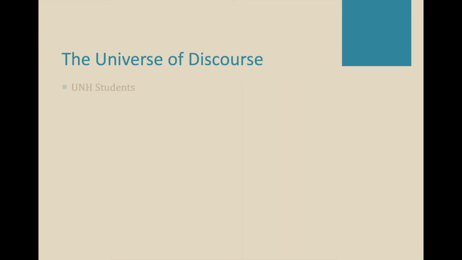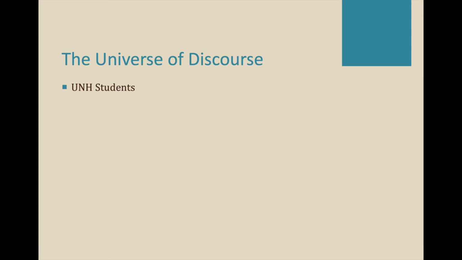So when we talk about the universe of discourse, then let's take, for example, UNH students. When I use that as my term, let's say I use this as a subject term in a statement, UNH students, I'm talking about a specific class or category of people. In this case, people who pay tuition and enroll in classes at the University of New Hampshire.